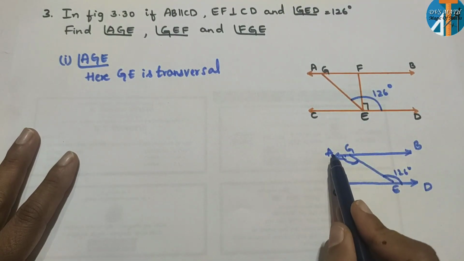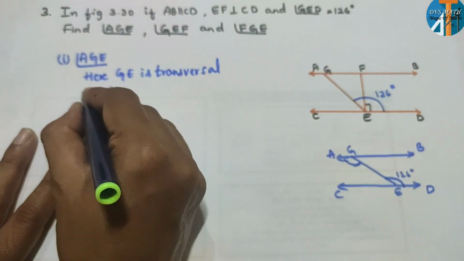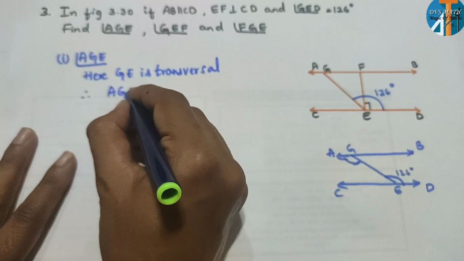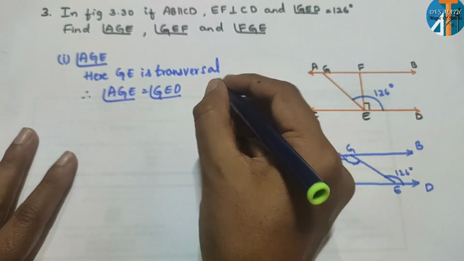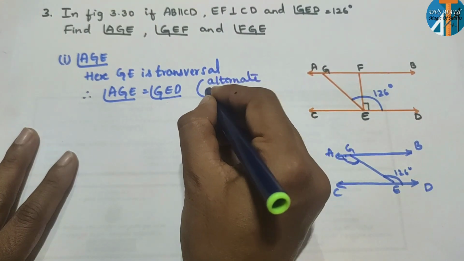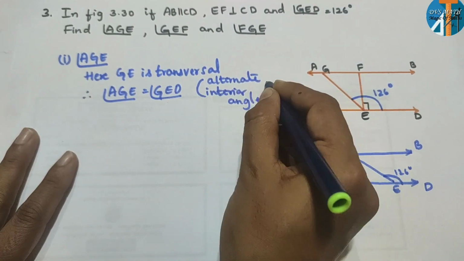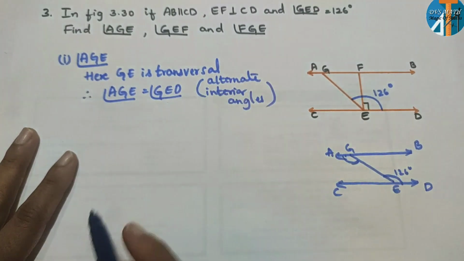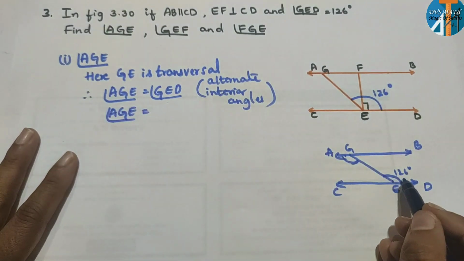Now if you observe, AGE is equal to GED. Therefore angle AGE is equal to GED. Why? Because they are alternate interior angles. Then AGE remains as it is. What is the value of GED?